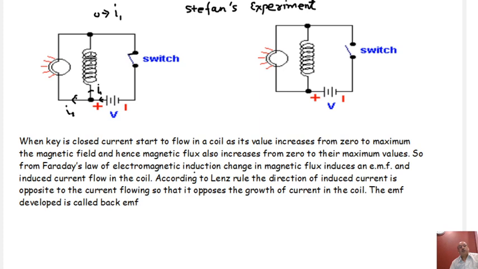According to Lenz's rule, the direction of the induced current opposes the flow of current, it opposes the growth of current. So the induced EMF is created just opposite to it. Hence there will be an induced current. In the red line, I shows the induced current, which opposes.